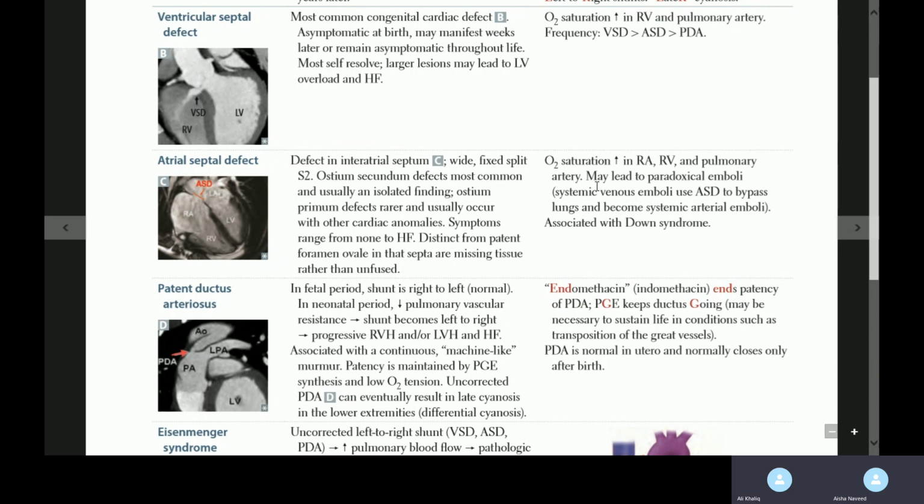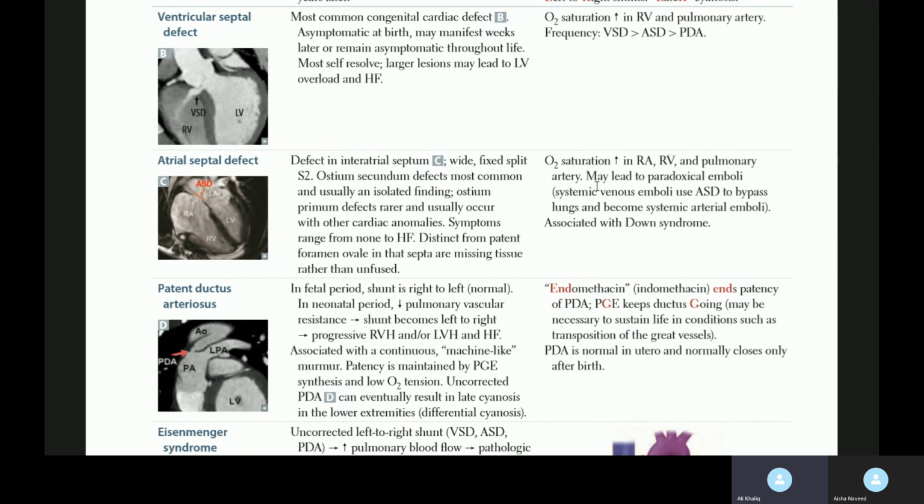Yeah, because the left atrium has oxygenated blood, right? And because of the left to right shunt, the ASD, the oxygenated blood is now going into the right atrium, which increases the saturation in the right atrium. And obviously this increased oxygenated blood will go from the right atrium into the right ventricle. So the increased saturation will be seen in the right atrium, ventricle, and the pulmonary artery. This is what it means.